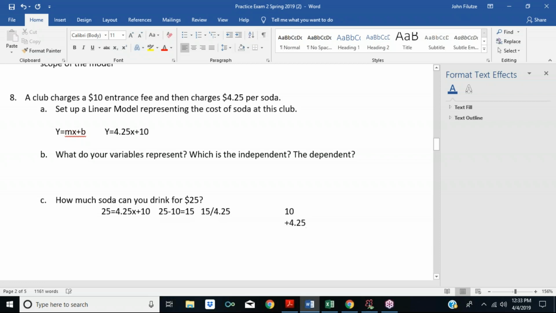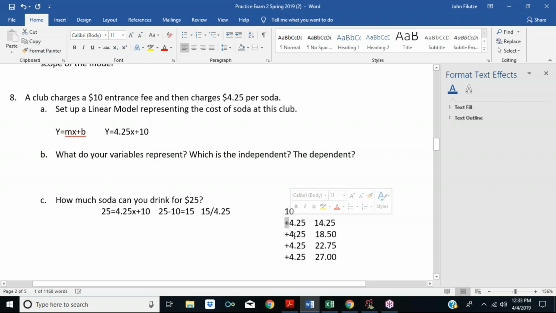So add 4.25, and then add another soda, and then add another soda, and then add another soda. Oh, too much.